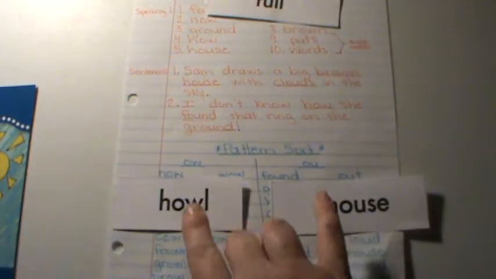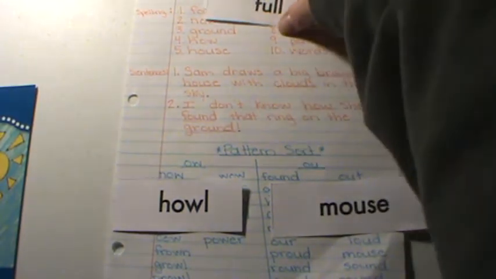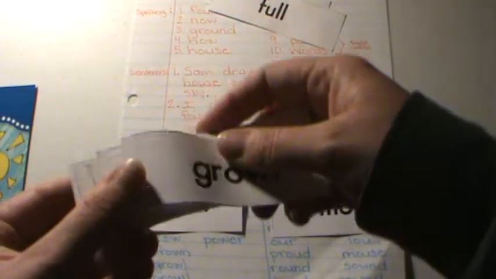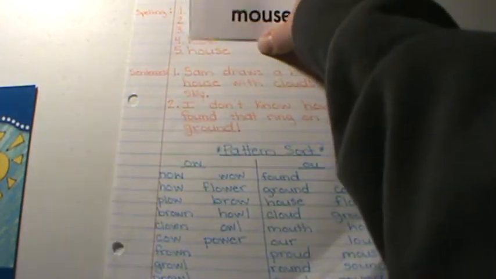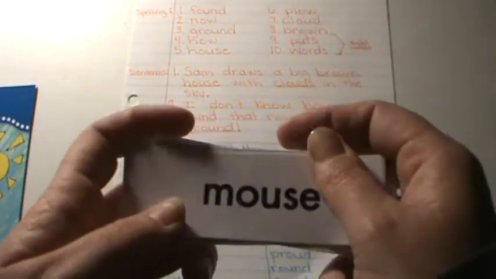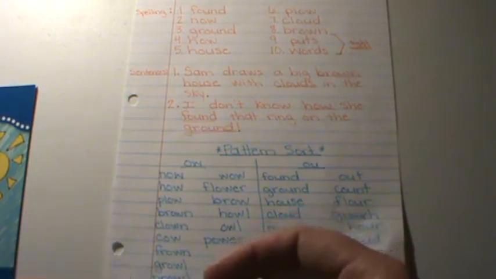So you're going to sort them into OW, OU, and then the ones that do not fit at all. So go through this whole stack, sort those, read those words, sound them out. When one of the patterns doesn't make sense, try sounding it out a different way. So if it doesn't fit that ow sound, then that's going to be the nonsense pile.